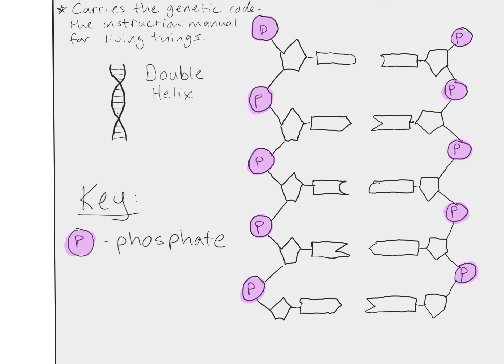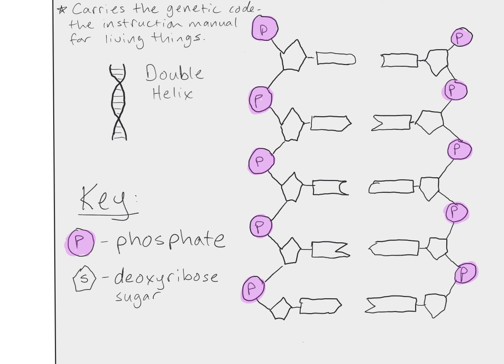Okay, so our next component of this model are the pentagons that we drew. Okay, so we're going to add an S to the middle of the pentagon, and this S stands for sugar, but it's a certain kind of sugar. It's called a deoxyribose sugar. So you might be thinking, oh, okay, I've seen that somewhere else before when we named DNA, deoxyribonucleic acid.